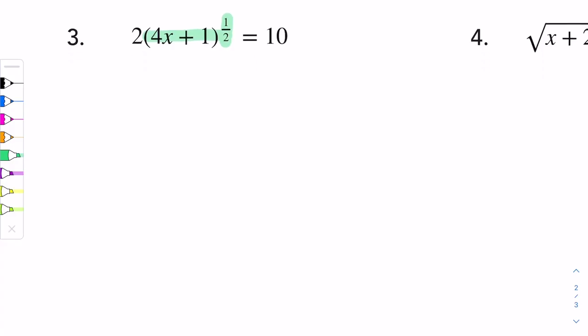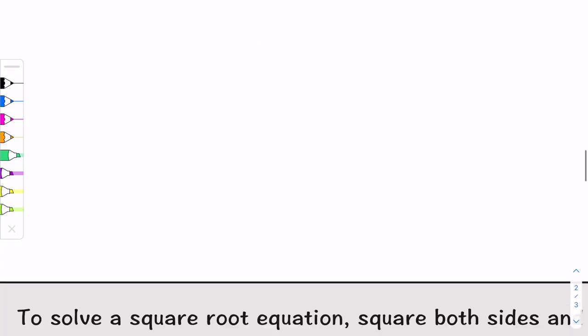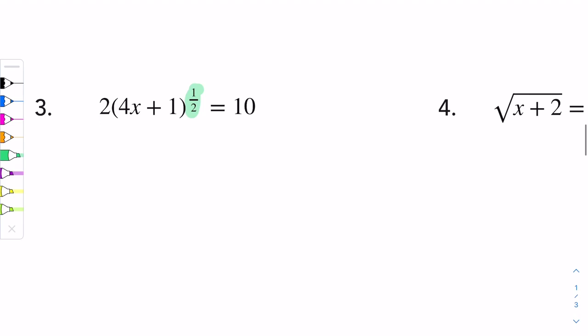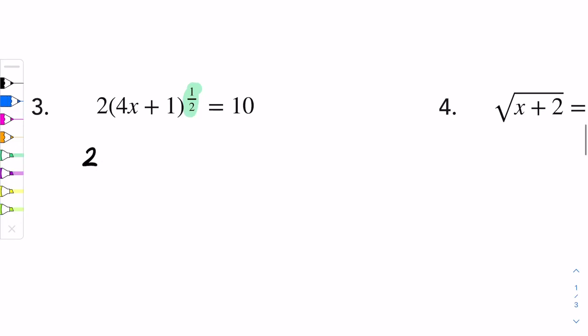So to start off with, for number 3, you need to recognize that it's not a square root, it's an exponent of 1/2. You can either leave this as an exponent or convert it to a square root, because remember that an exponent of 1/2 is a square root. That's what I'll do here. I'll rewrite (4x plus 1) to the 1/2 as the square root of 4x plus 1, and this is equal to 10.